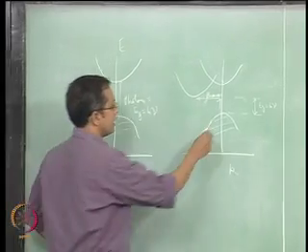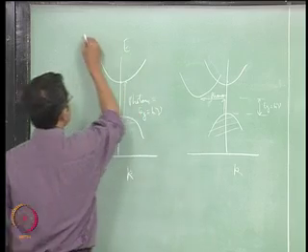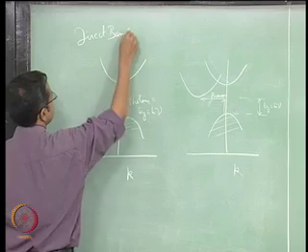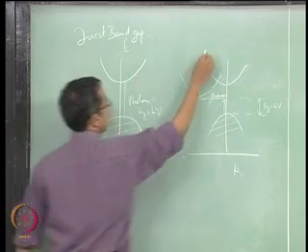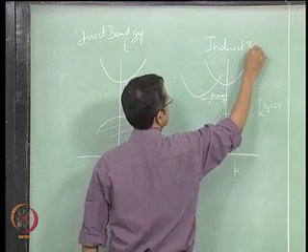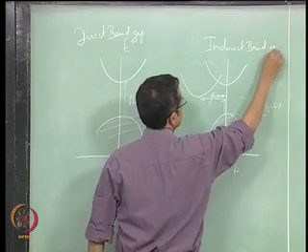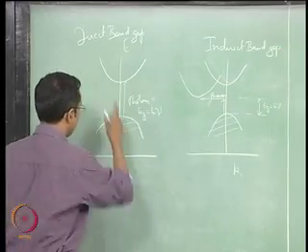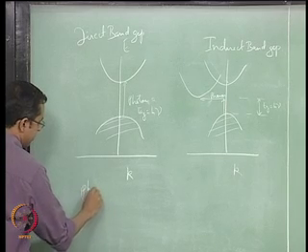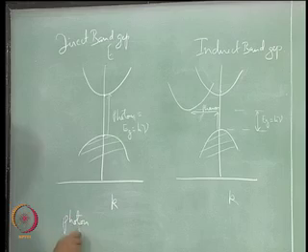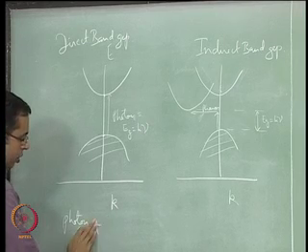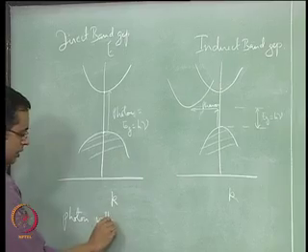So this is direct band gap, this is indirect band gap, and what we see is that for a direct band gap, a photon with appropriate energy is sufficient.